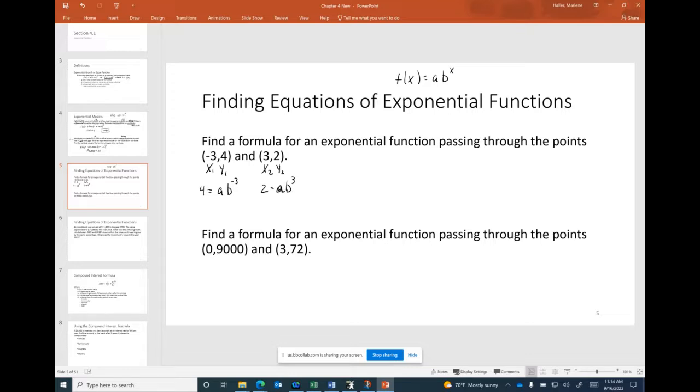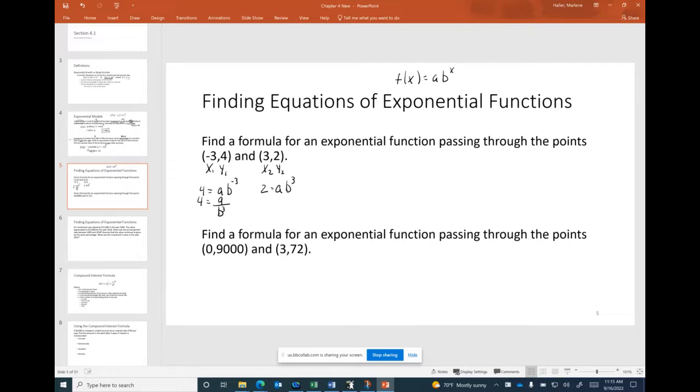So I've got 2 partial equations here. Do y'all remember systems of equations? These aren't linear, these are exponential, but I can still use that same concept to solve here. Let me solve this first equation. It looks pretty easy to solve for a, so let me do that. Now b to the -3rd power is the same thing as 1 divided by b to the 3rd power, so 4 equals a divided by b to the 3rd power.